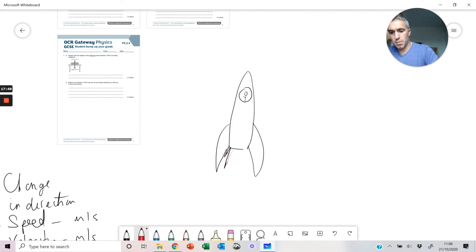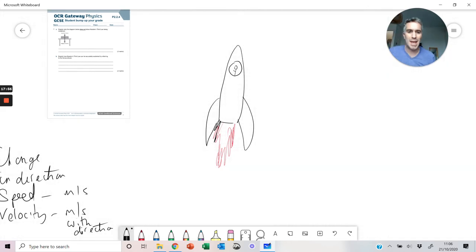It's red. And our one-armed spaceman is flying. How can we use Newton's third law to describe what's happening to make the rocket fly? Okay, so what we need to focus on is these exhaust gases.